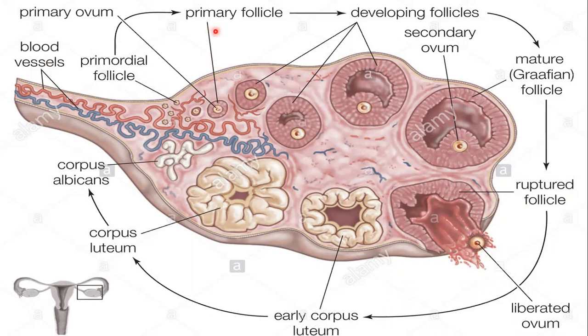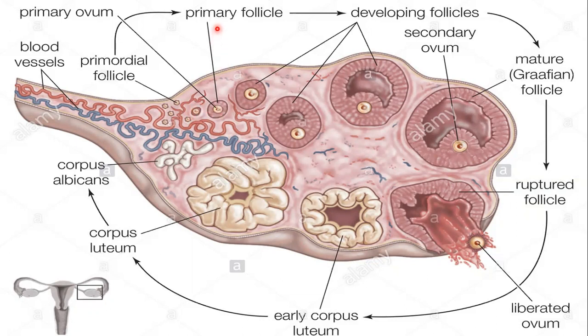So this is the primordial follicle. And how do we know histologically that this is the primordial follicle? Because a single cell is present in the center, and it is surrounded by follicular cells, which are simple squamous in shape, right?